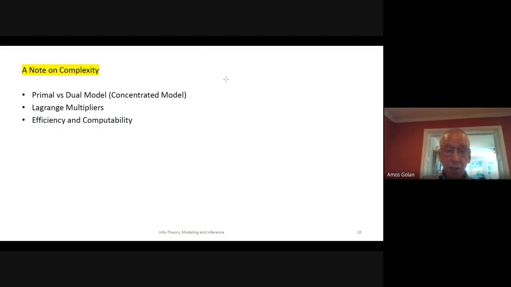This graph just tells us something about the relationship between the primal, the constraint optimization, and the unconstrained. So the basic idea here is that the complexity is not the complexity of the data, it's the complexity of the model. So the dual model, the concentrated model, is much simpler. It has an exponentially smaller number of parameters. It's efficient, and from a computational point of view, it's much more efficient.